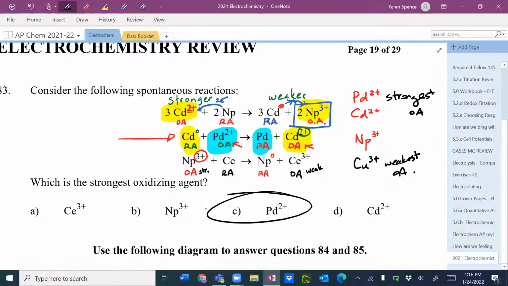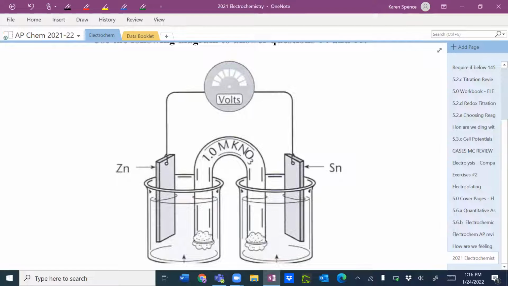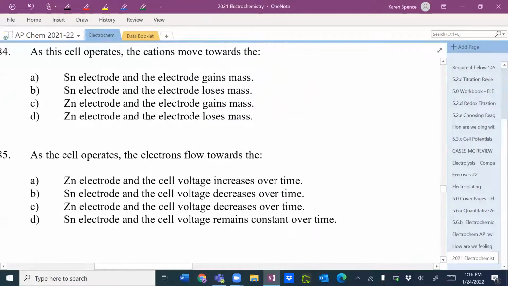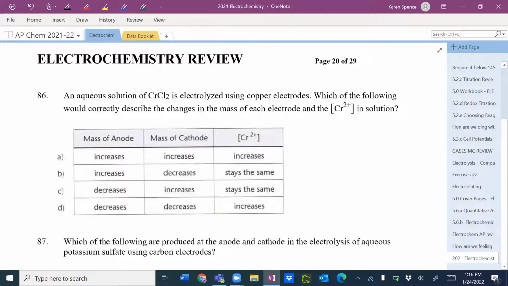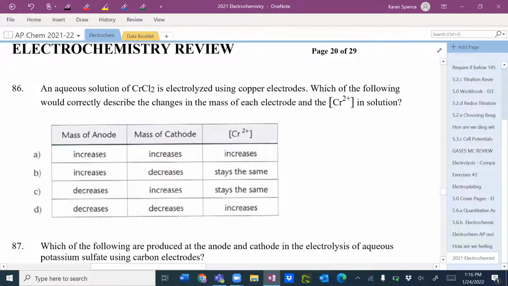That was 83. Moving on to 86. An aqueous solution. Aqueous means you need to look at water because it is electrolysis. Anytime you have electrolysis and aqueous, you must consider water.